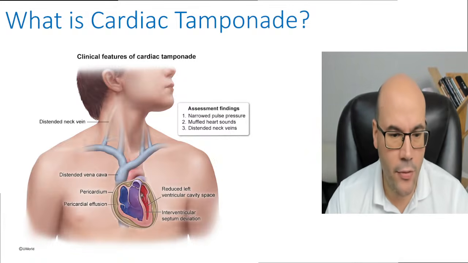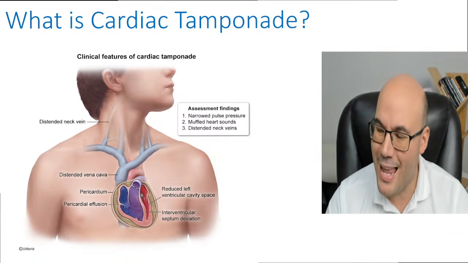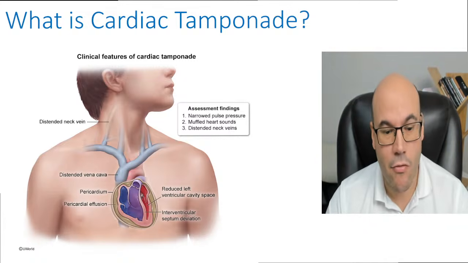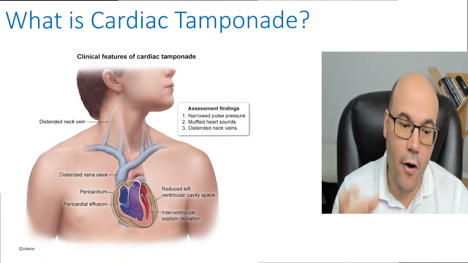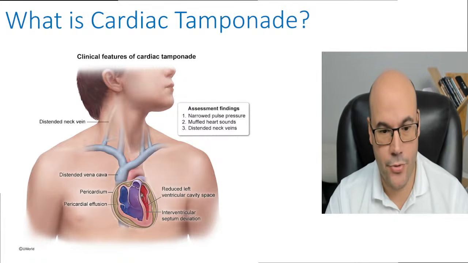As you can see on the image, the interventricular septum is deviated to the left, okay? Which confirms that in this condition, the right ventricle is managing greater volume, greater pressure than the left ventricle.